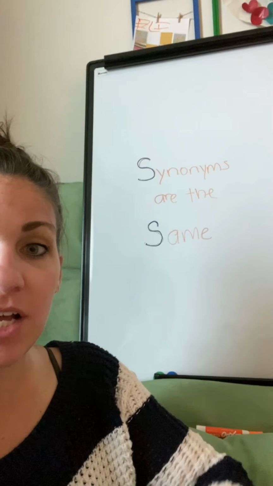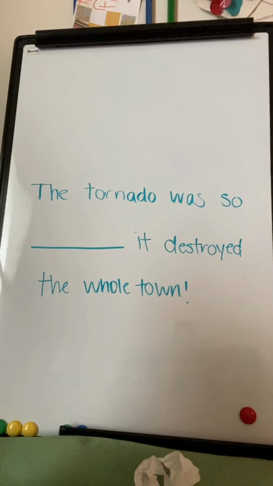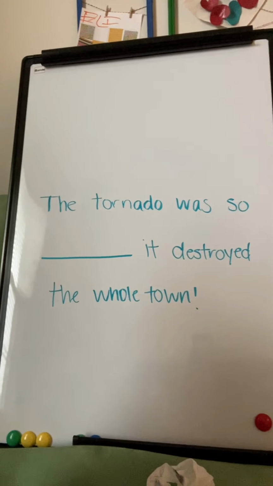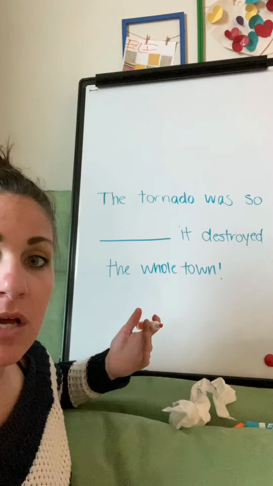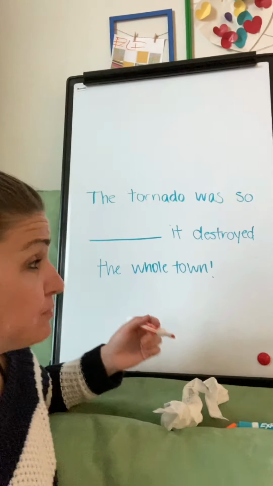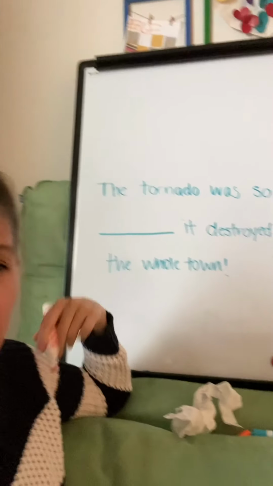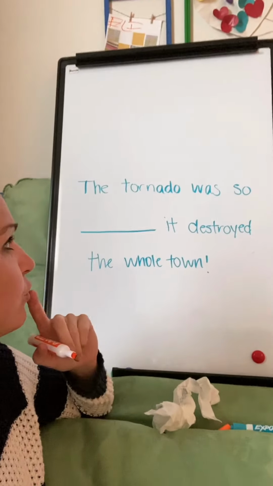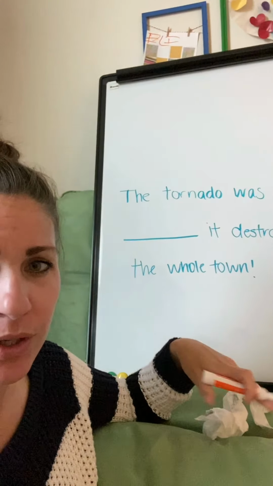So let's take a look at my first example. Okay. I have: the tornado was so blank, it destroyed the whole town. So let's take a look at some context clues here to help us figure out what word could work in the blank. If I know that a tornado is a type of wild weather, an extreme type of weather, it destroyed the whole town.